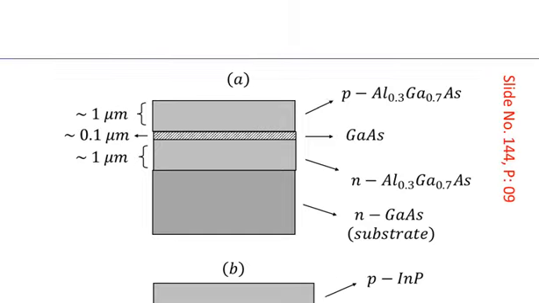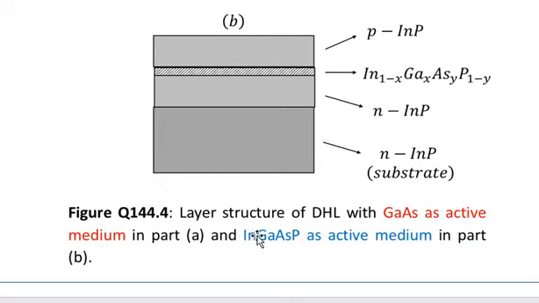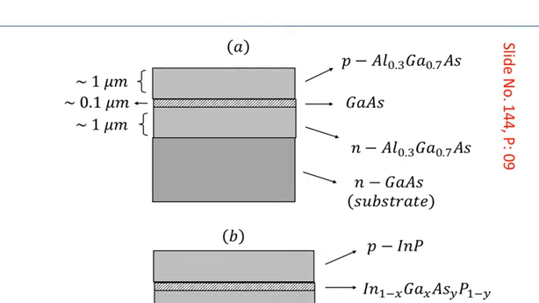So this is part A of figure 4, and the caption of figure 4 is layer structure of DHL, double heterojunction laser, with gallium arsenide as the active medium in part A and indium gallium arsenide phosphide as the active medium in part B. So this is part A. You can see the thickness of these materials: 1 micron for the P type of material, 1 micron for the N type of material, and the thickness of the middle layer, which is the gallium arsenide layer, is 0.1 micron.